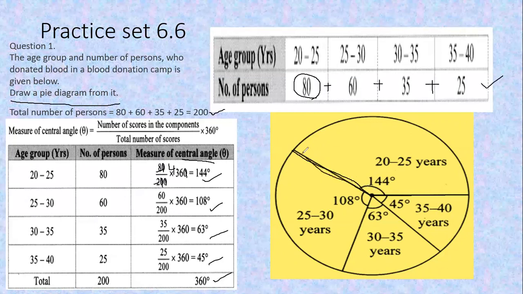Then keep your protractor on this line in reverse way and take the measure of 108 degrees and draw this line. Now keep your protractor on this line and take 63. Draw this way. Then keep the protractor here and draw 45 degrees. So this way you can represent all the data in a pie diagram.